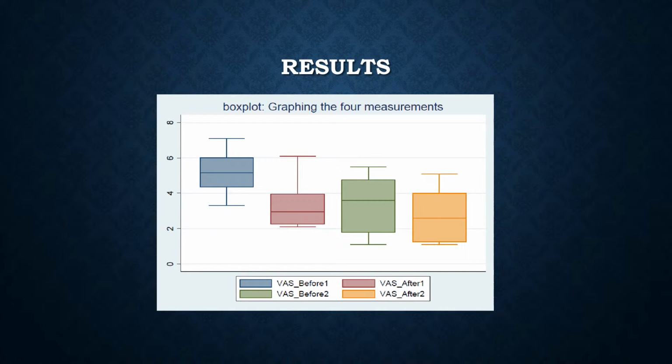As you can see on this figure, it shows the statistical tendencies between the measurements. There's one before and after the first intervention, and thus 2 before and after the second intervention.